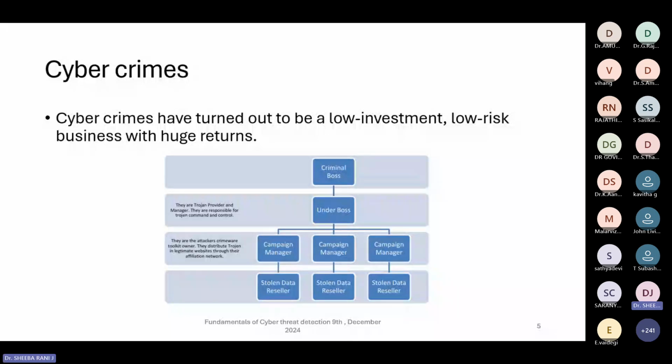This is an important thing: why are people spending their intelligence, time and power to break a network which is meant for some purpose? It is a low risk business because they don't lose anything, but the system in which they make an attack will be losing a lot.